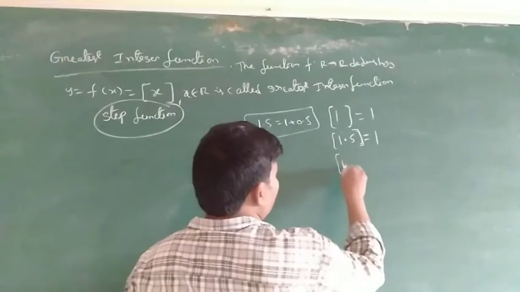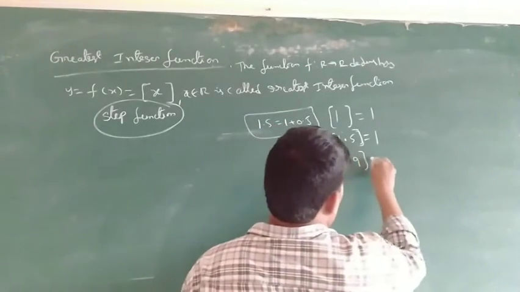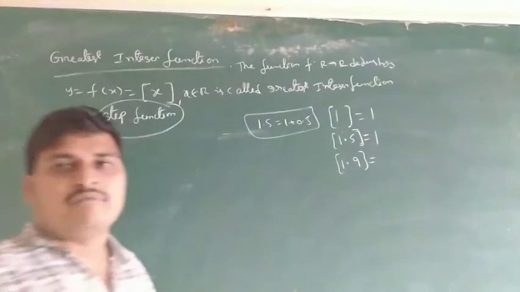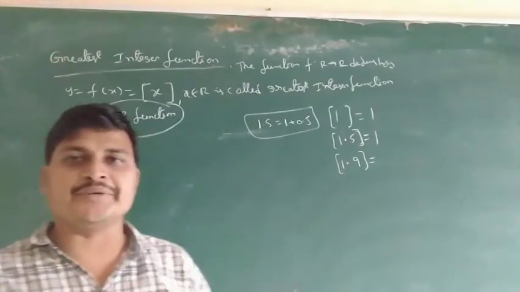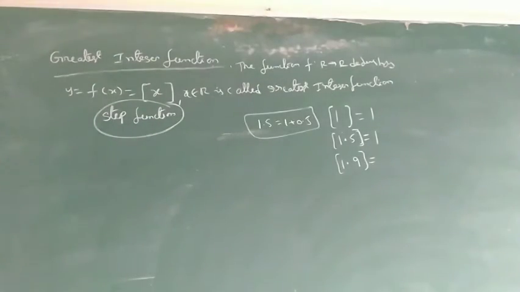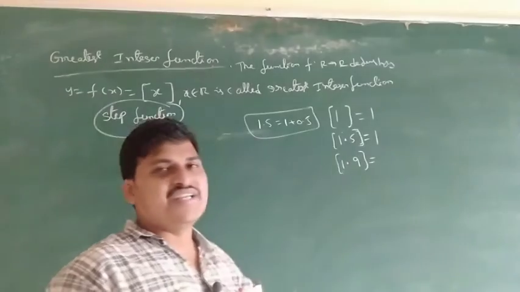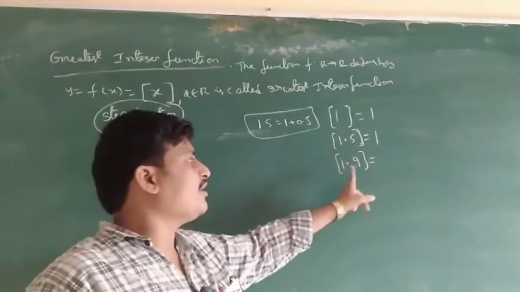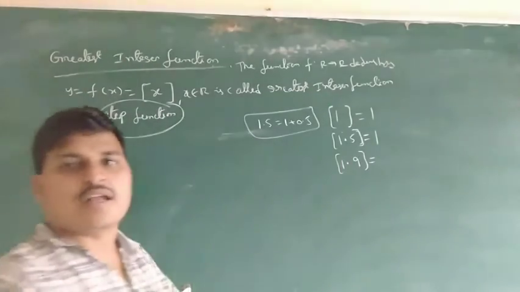So step of 1.9. 1.9 is nothing but 1 plus 0.9. 0.9 is the fractional number, 1 is the integer number. So in 1.9, 1 is the integer number.